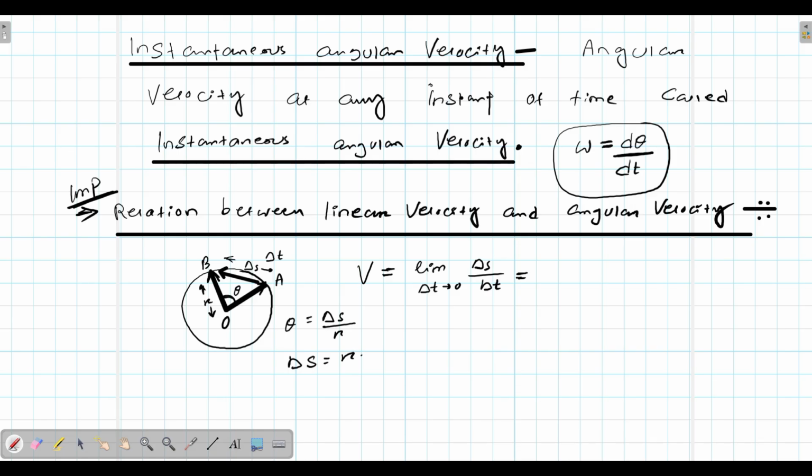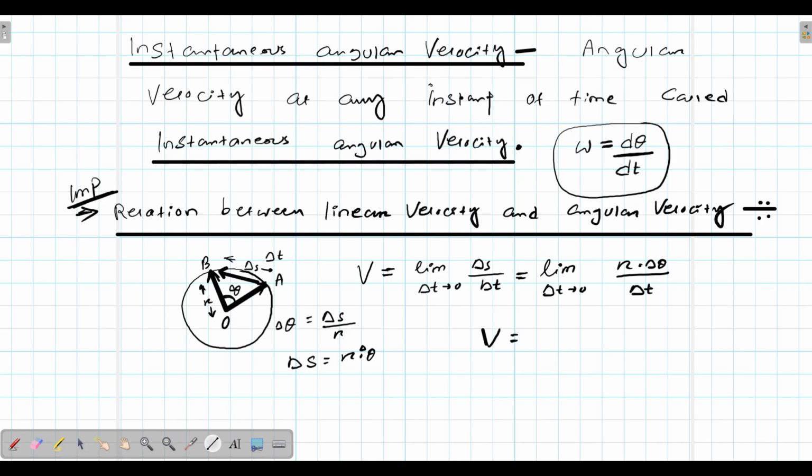Or delta theta equals to del s by r. Del s equals to r into delta theta. Limit del t tends to 0, del s is r into delta theta divided by delta t. And v equals to how much?